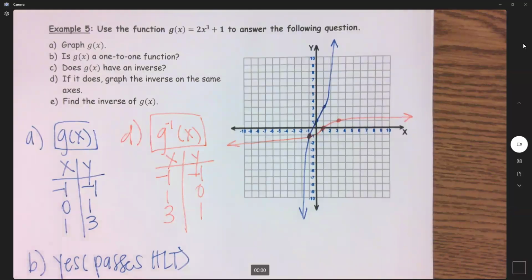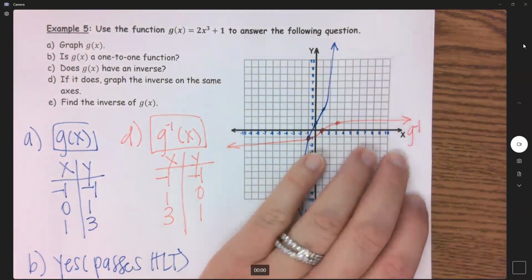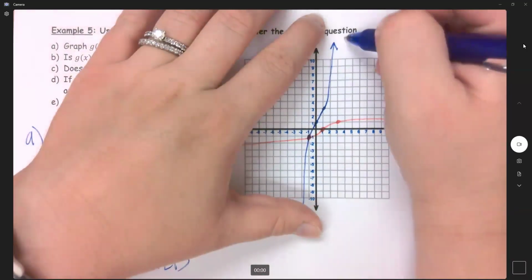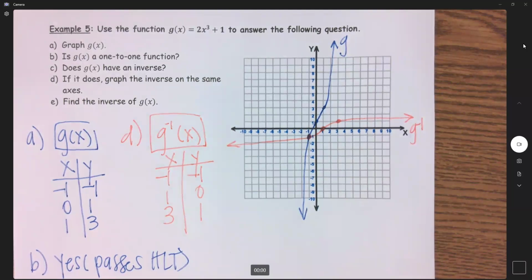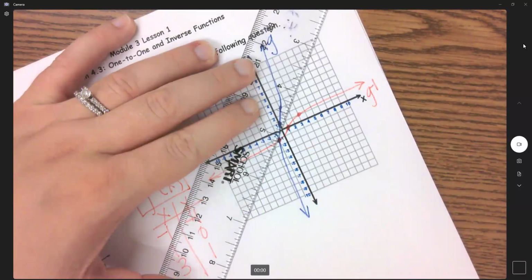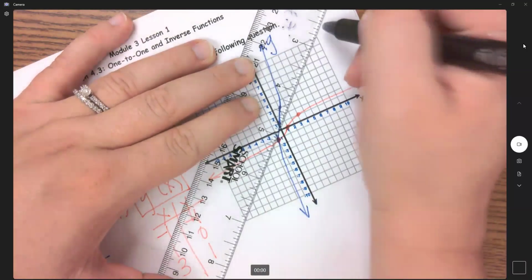And I forgot to label. So let's label this one as g to the -1. And this one is my regular function g. And I'm a visual person, so I like that line of symmetry right here on my graph.